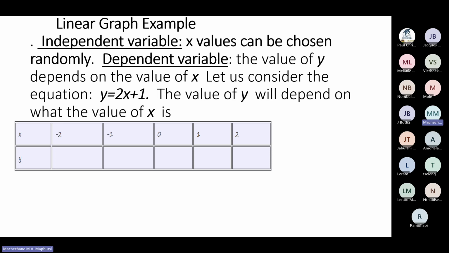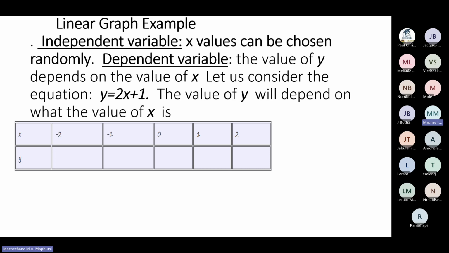I'm having x values -2, -1, 0, 1 and 2. So you can choose any numbers, but make sure that you include negative numbers, 0, and positive numbers. Now, we also have the y values.